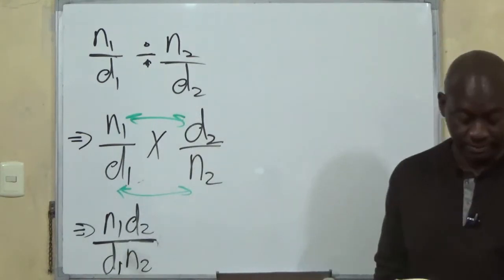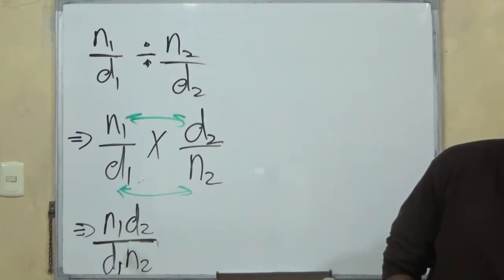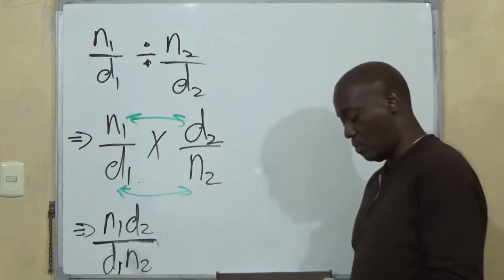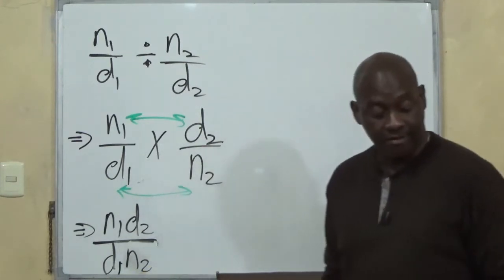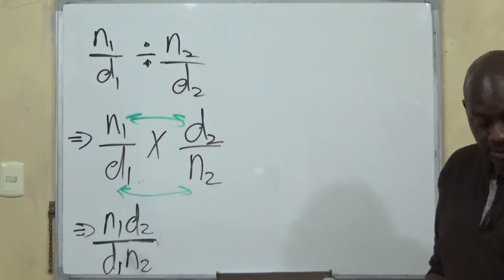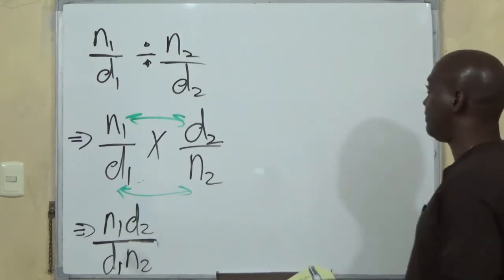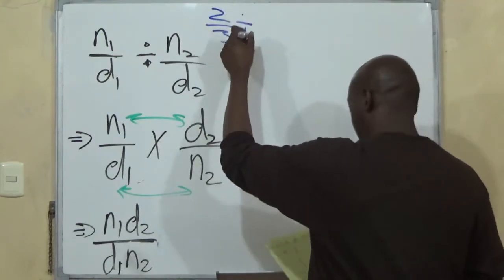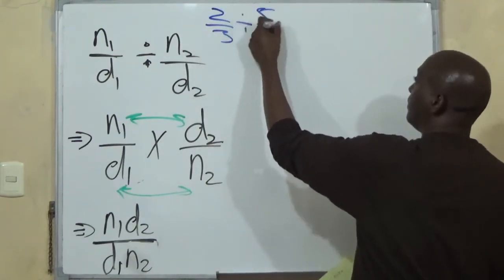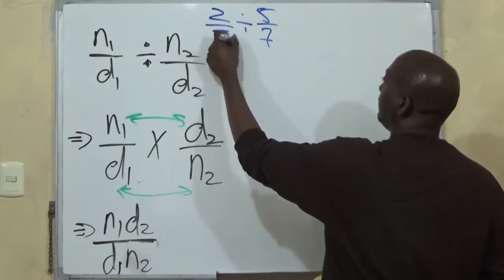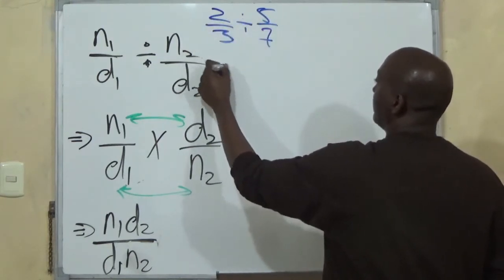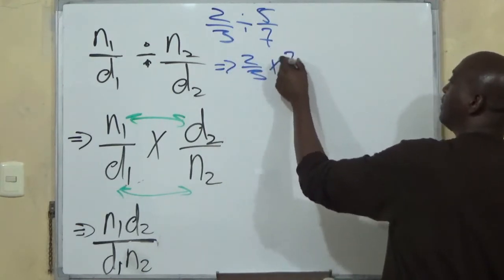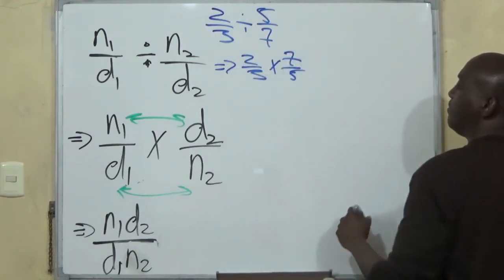So we're going again, as we always do, to examples. If we have, for example, 2/3 divided by 5 over 7, that is the same thing as 2/3 multiplied by 7 over 5.